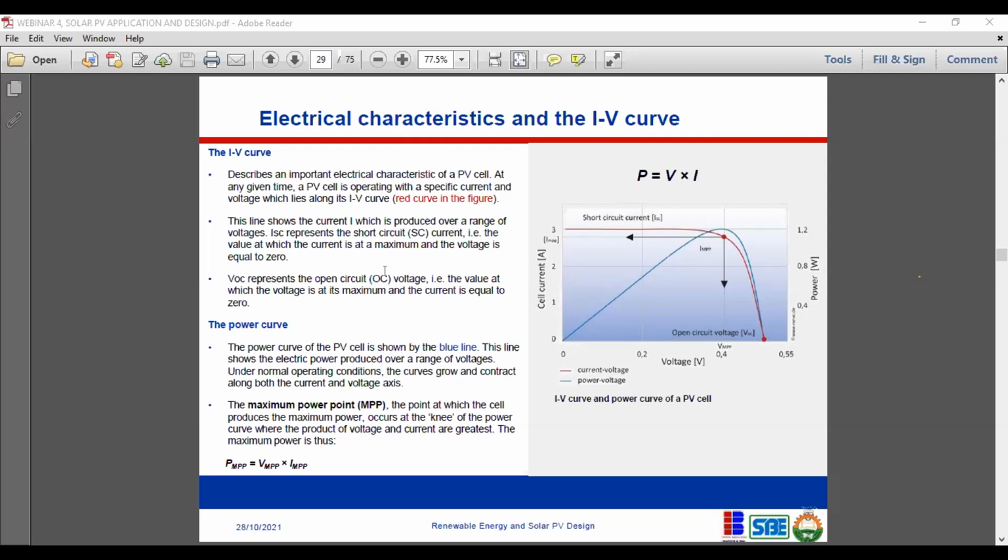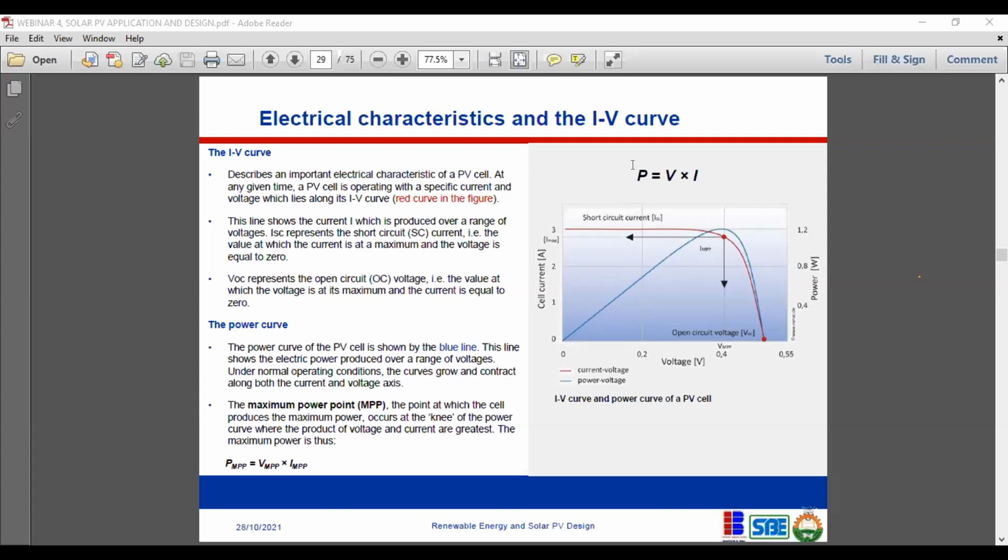So now let us relate what I've just explained with this equation. Power is equal to voltage times current, and this is why I wanted us to understand what this equation really means. If the current is at maximum, which is here, the voltage is 0. What becomes the power output?